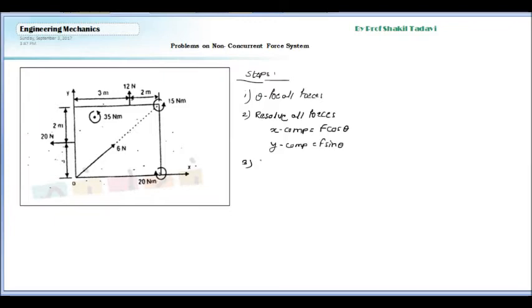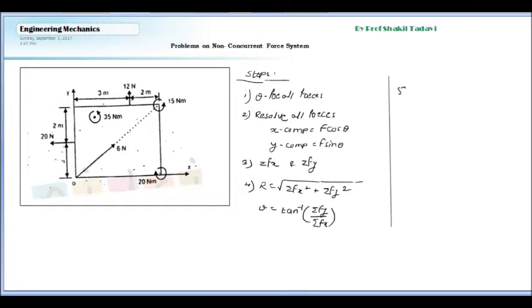Third, we calculate the summation of all forces in the x direction and the summation of all forces in the y direction. Fourth step, we calculate the resultant, which is equal to the square root of summation of f of x squared plus summation of f of y squared, and theta is equal to tan inverse of summation of f of y upon summation of f of x.